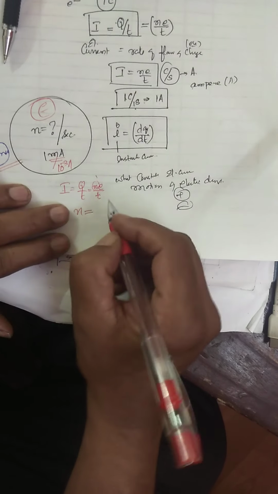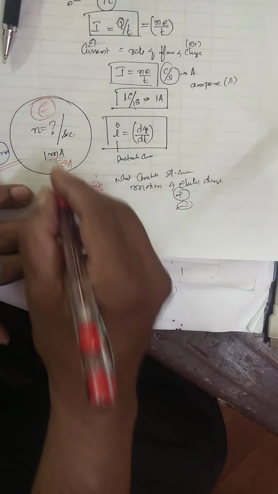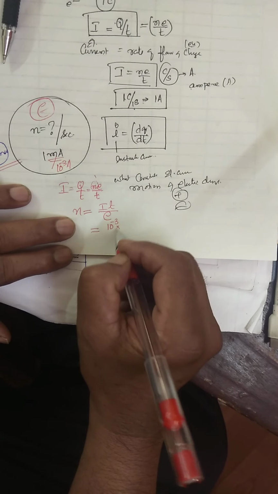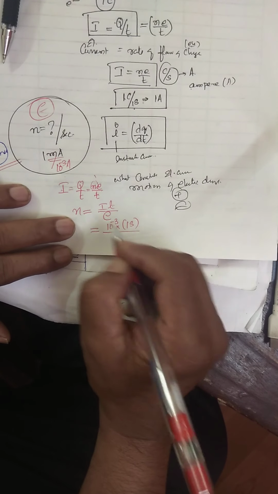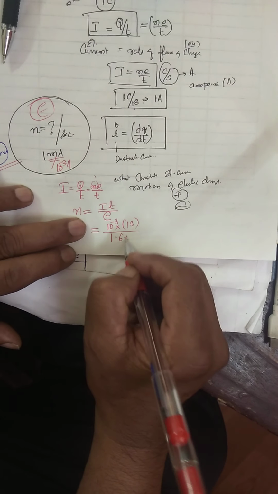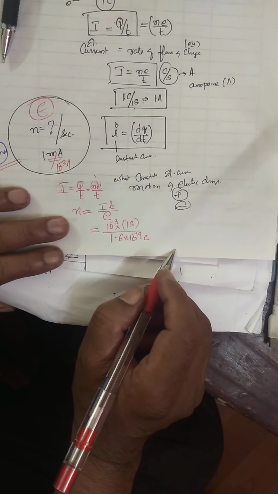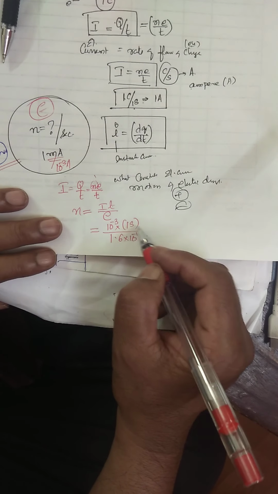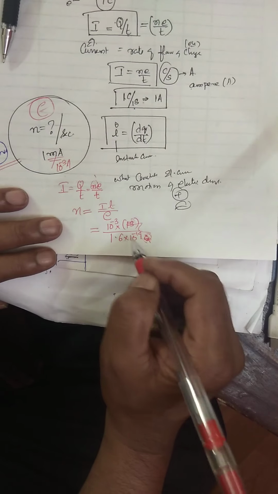N is equal to I t by e. I is the current, 1 milli, 10 to the power of minus 3. t is 1 second, divided by e, which is 1.6 into 10 to the power of minus 19 coulomb. Don't bother about the unit at present.